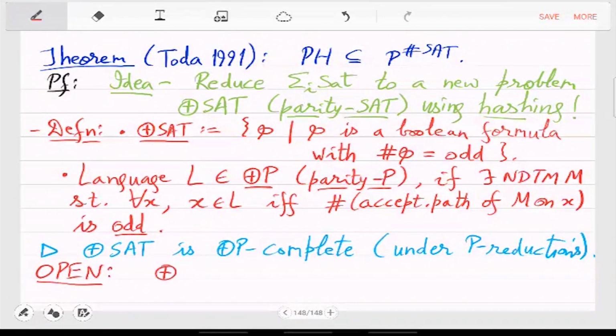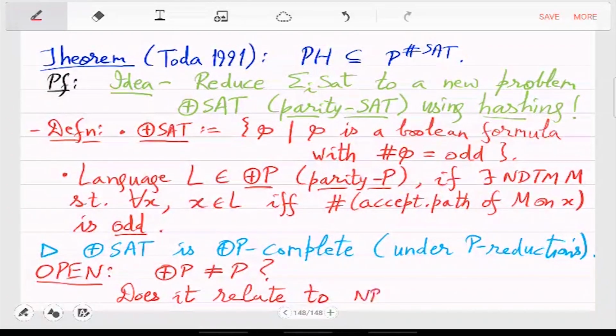So is parity P not equal to P? And what is also not clear is, is it related to the NP not equal to P question? So if we show parity P is equal to P, then does it mean NP is equal to P?